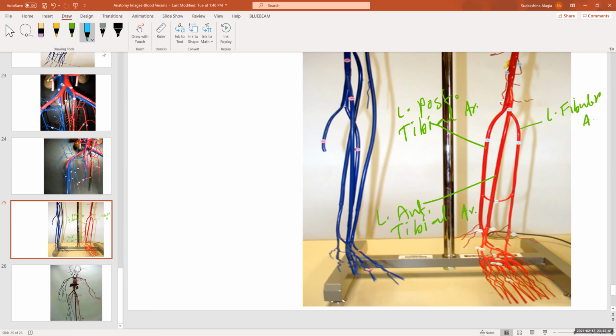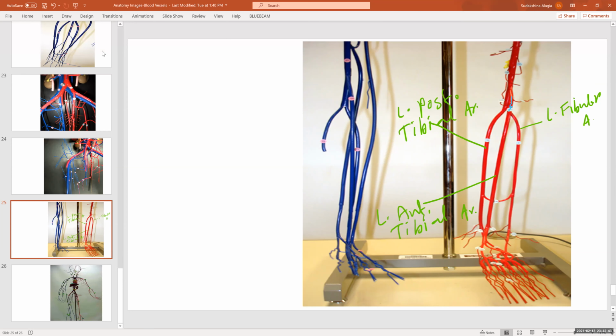Beyond the merging of the anterior tibial, this segment is the left, or rather branching popliteal artery. So popliteal artery has given rise to the anterior tibial, posterior tibial, fibular arteries.